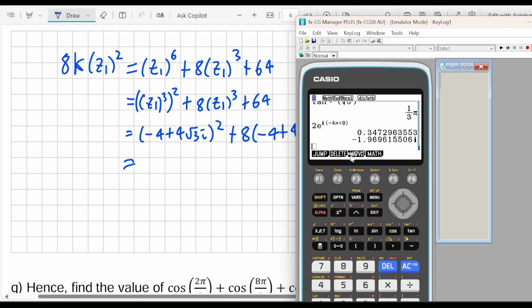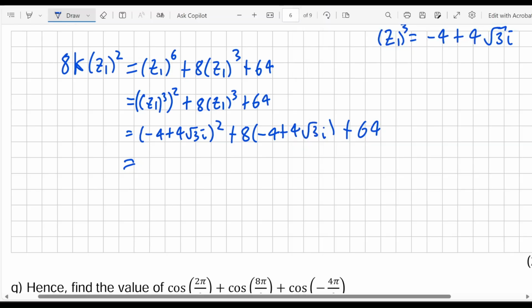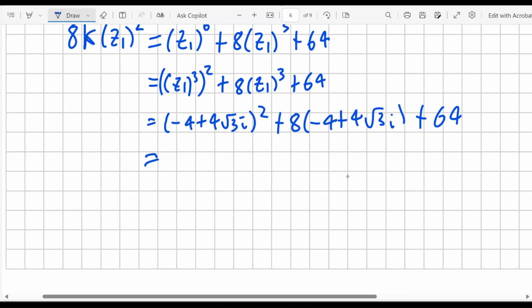So minus 4 plus 4 root 3i. Square that. So yeah, minus 32, take 32 root 3. But the way to do it properly is to do the first bit squared. You're going to get minus 2ab.